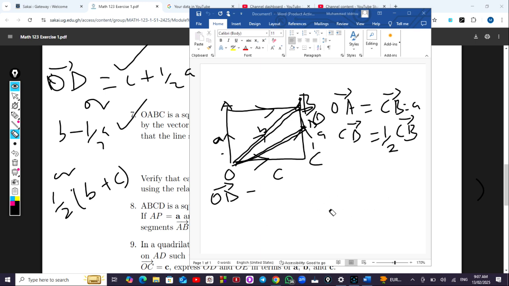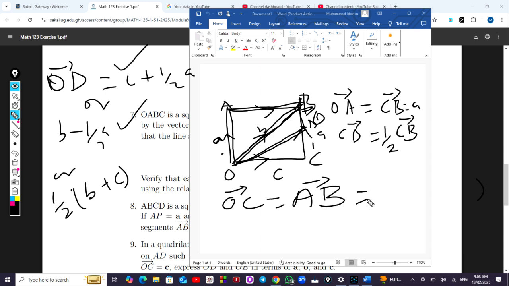So let's consider triangle OAB. From the properties of a square, vector OC will be equal to vector AB, which is the same as c.